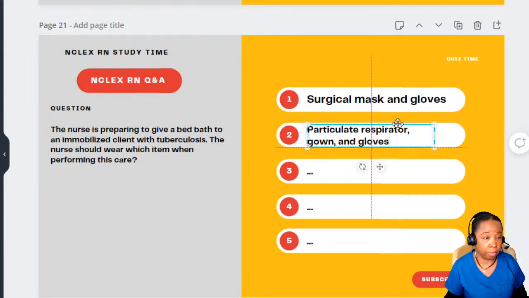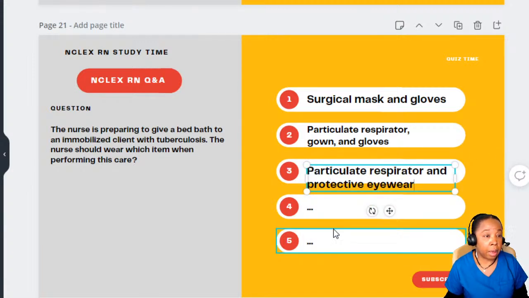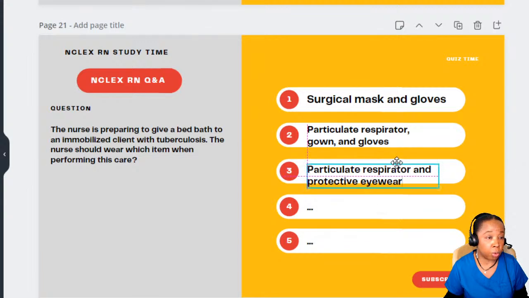You can choose from the answer and get the best one. And then the third one is protective eyewear. Do you think the nurse should wear goggles to take care of a TB patient?